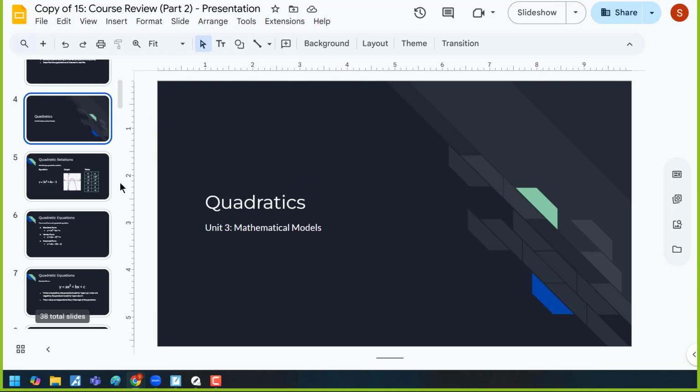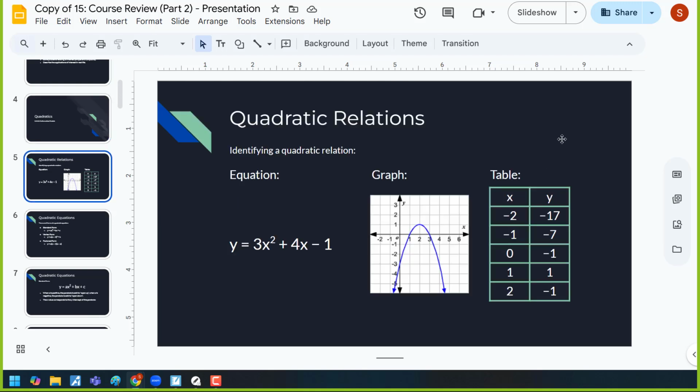Let's do some quadratics. Identifying a quadratic relation. How do we do that?